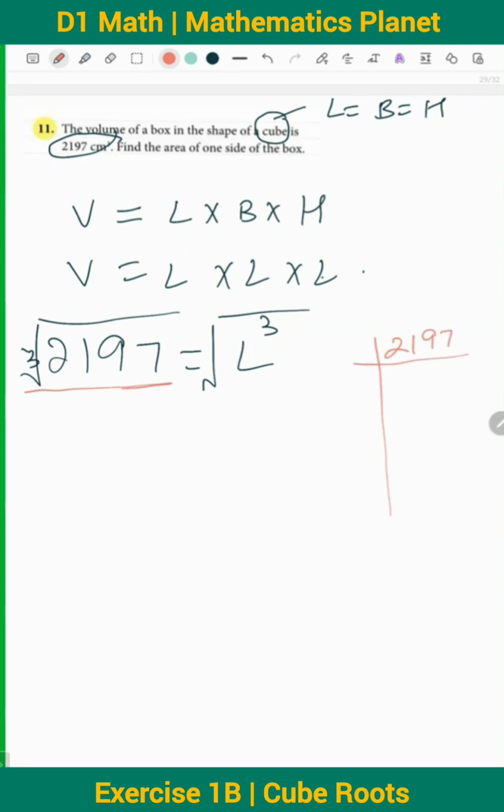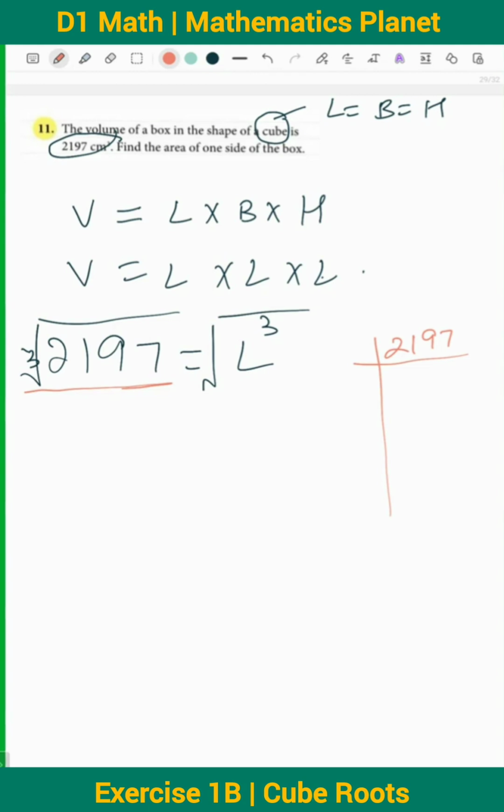So let's start. Okay, with which table will 2197 go first? Miss, 7. 7, no. Three.